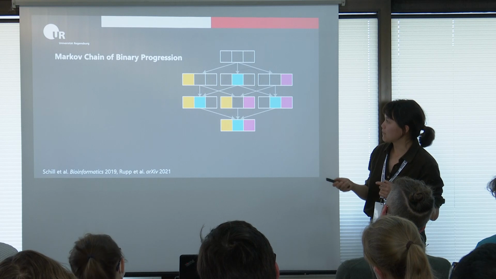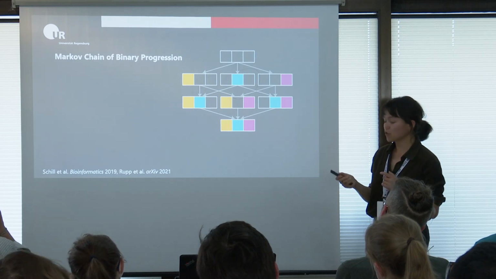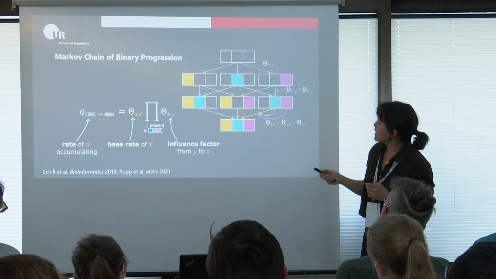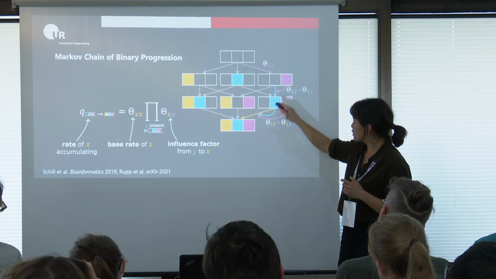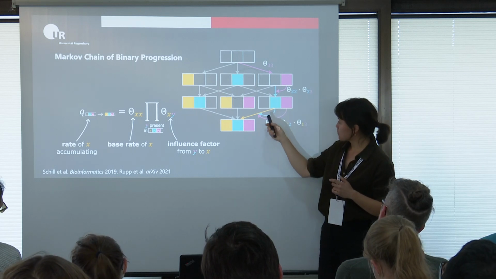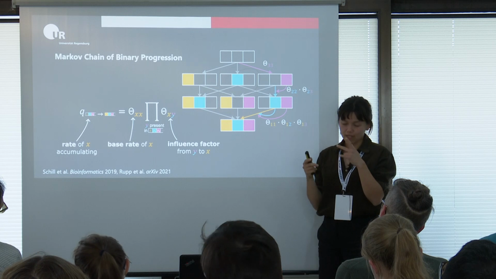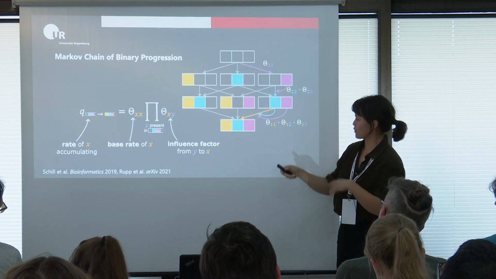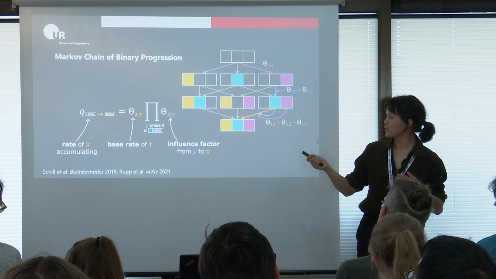So that's why MHN makes the mutual hazard assumption, hence the name, which basically means instead of learning all those rates separately, we learn for every event a base rate, and for every 2 events, we learn how much they influence each other. So this is the formula, and there's more, of course, but that's the most important thing here.